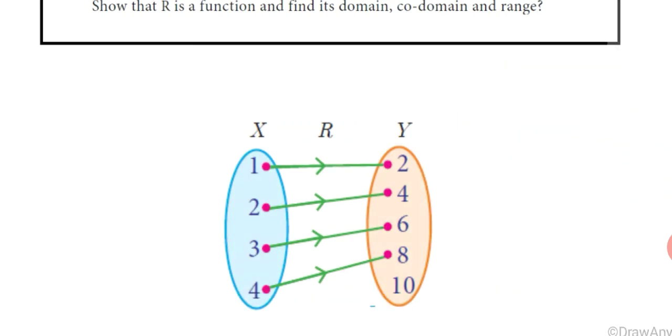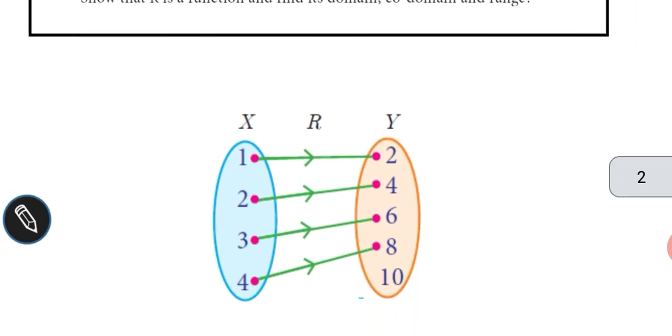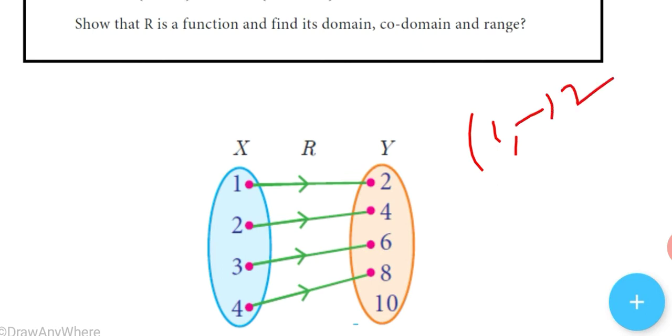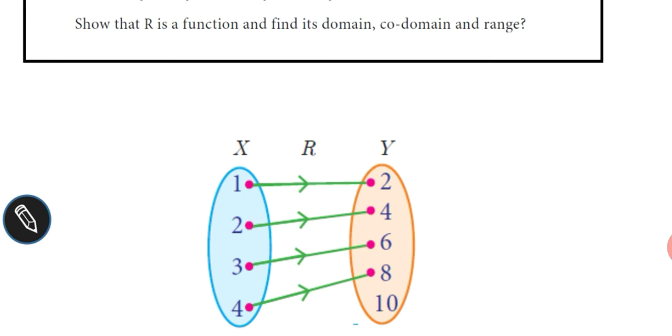Note that in the problem it is given that 1 is related with 2, 2 is related with 4, 3 is related with 6, 4 is related with 8. So note it down in the arrow diagram. 1 is related to 2, 2 is related to 4, 3 in the input side is related to 6 in the output side, 4 in the input side is related to 8 in the output side. Okay, so this is the arrow diagram.